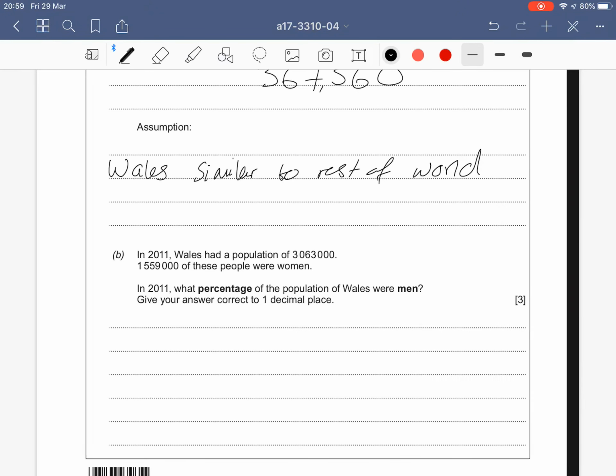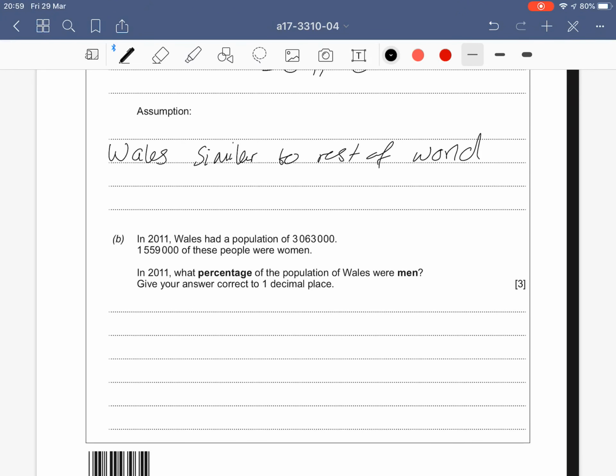In 2011, Wales has a population of 3,063,000. So many are women. What percentage of the population are men? Well, if that many are women, the rest have to be men. So we've got to take those away to get the number of men.